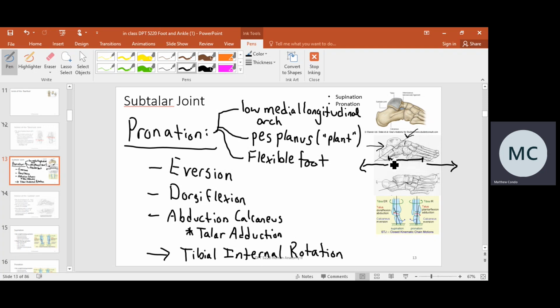From heel strike to mid stance, right? Because what am I doing during heel strike to mid stance? I'm accepting weight. I'm crashing my 250 pounds down on my foot. When I do that, what's that going to do to my foot? It makes it expand, right? I need that to happen to disperse all of this against the ground. So that plantar fascia is going to stretch.